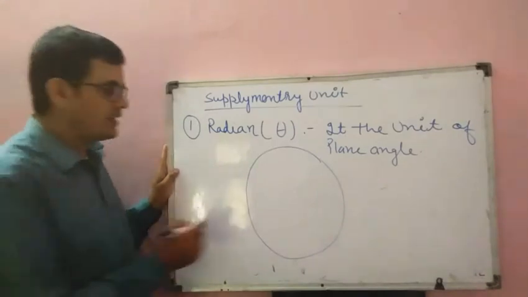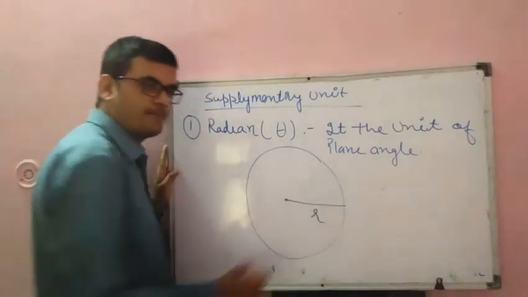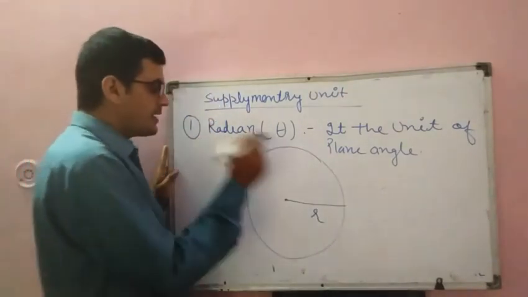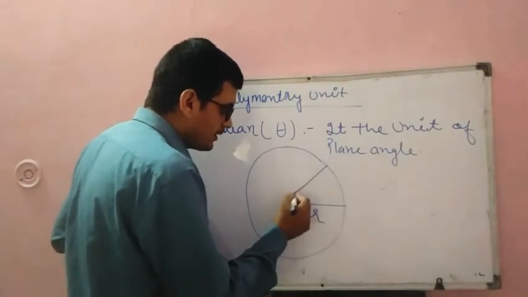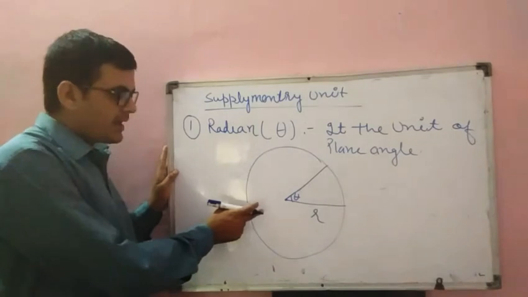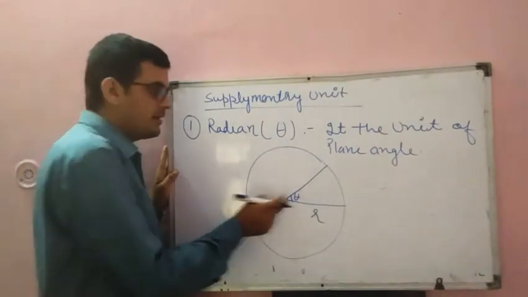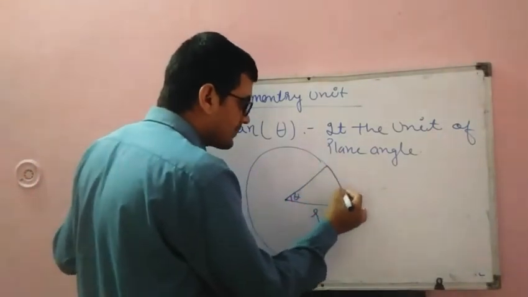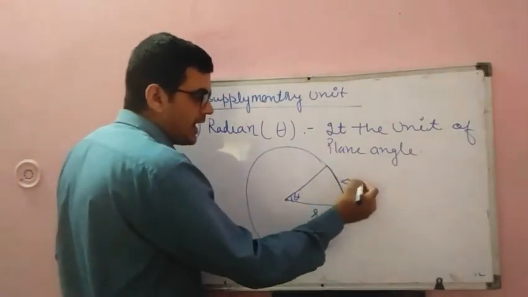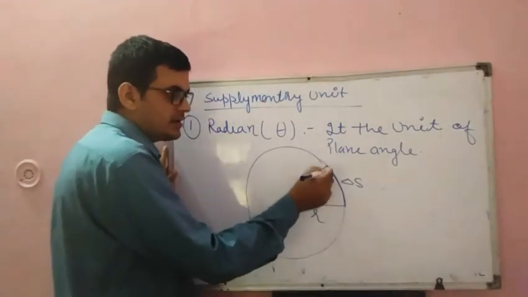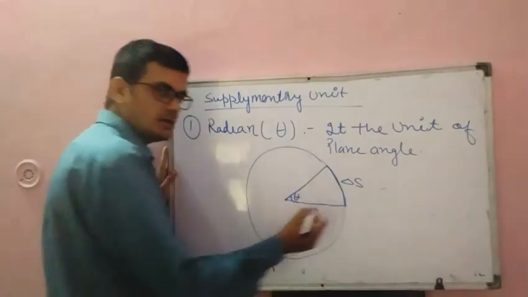Students, this is a circle, this is the center of the circle, and this is the radius. So 1 radian is that angle subtended at the center of a circle by an arc when the length of the arc is equal to the radius of the circle.